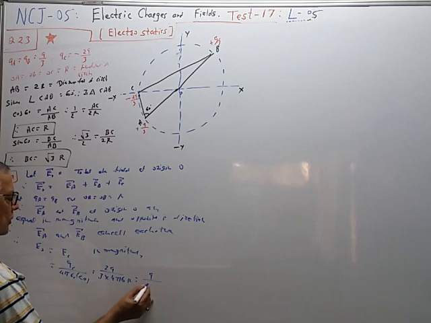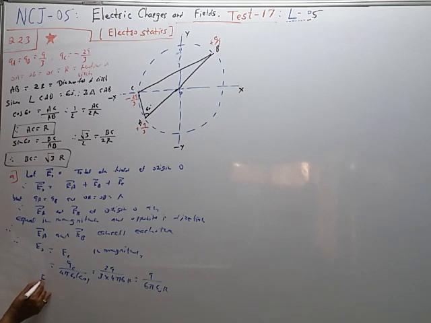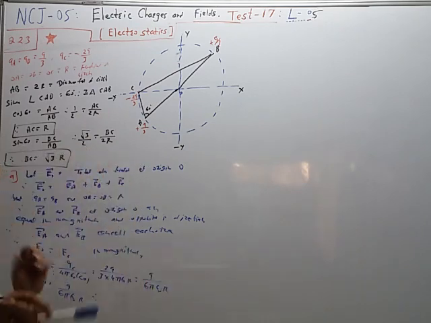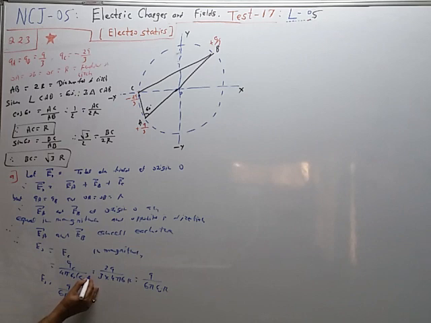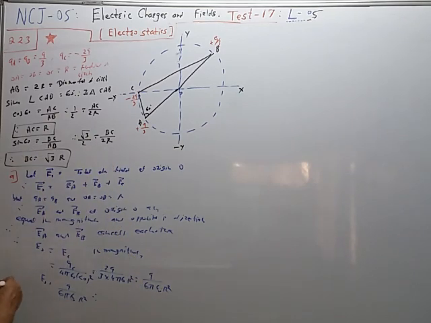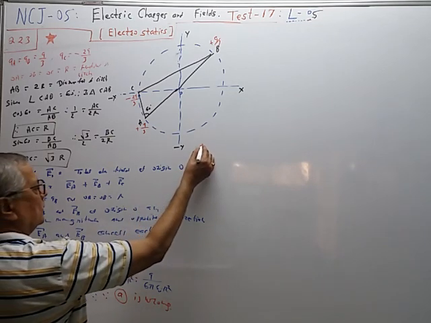So this is equal to Q upon 6 pi epsilon naught R square. EO is equal to Q upon 6 pi epsilon naught R square. Therefore, here the value Q upon 8 pi epsilon naught R square is given. Therefore, A is wrong.